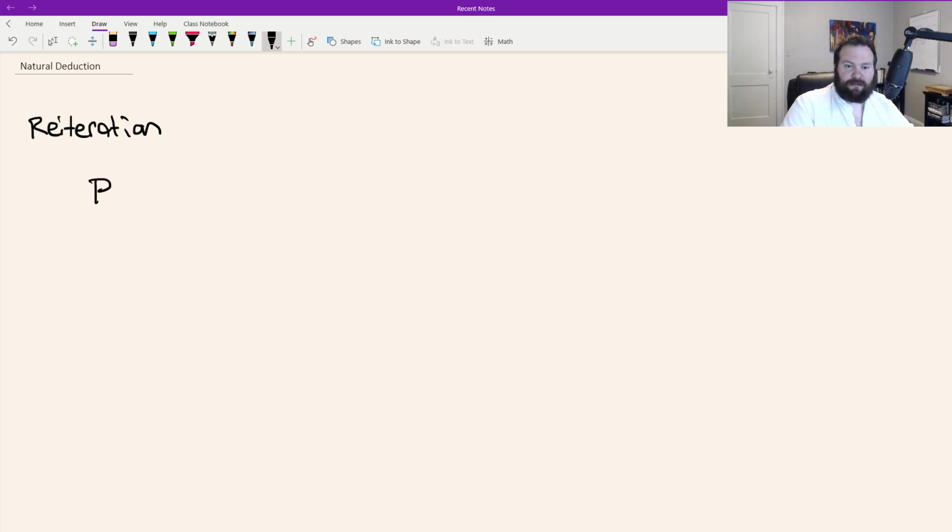So if you know P, for example, well, you can conclude P. How? Well, you cite reiteration, or just reit is fine, and the line that it came from. And that's it, right? So reiteration is a very simple move. It's basically just repeating something you already know or are assuming to be true.